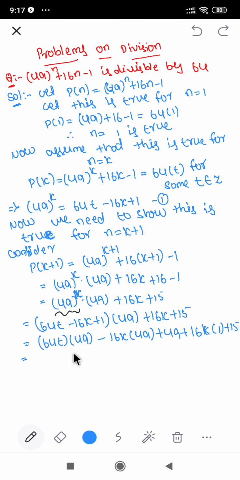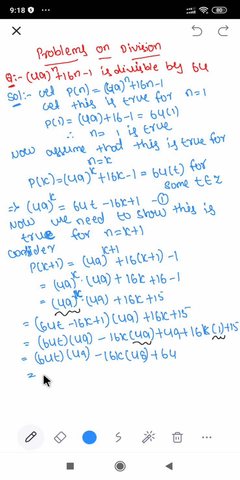I am writing 64t as it is into 49. Here we have 16k is 49 times, 16k is 1 time. So 49 minus 49 plus 1, that is minus 48. So 16k times 48, plus 49 plus 15, that goes to 64.